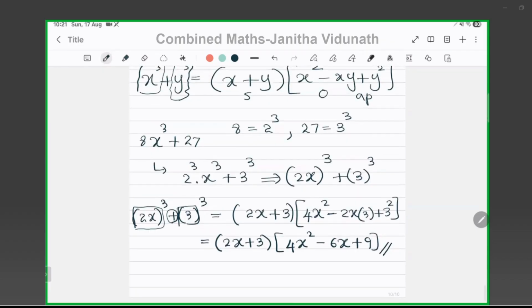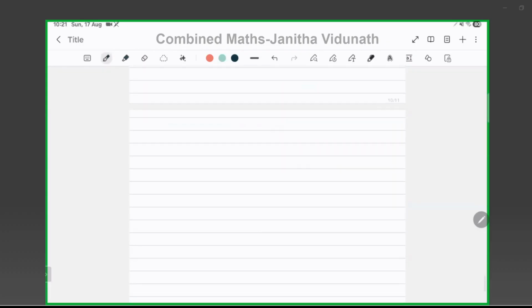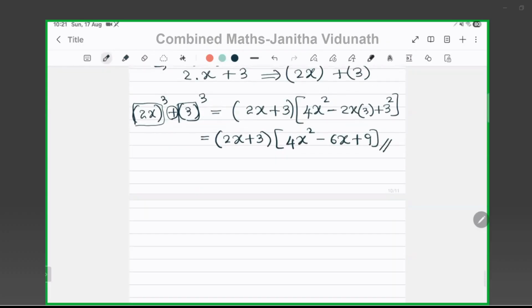So let me do another example. Here we get 8 minus 64y cube. Here 8 means 2 to the power 3. 64 means 4 to the power 3.